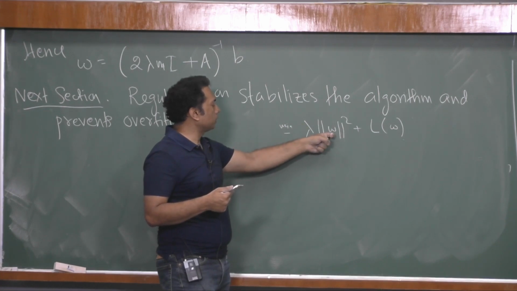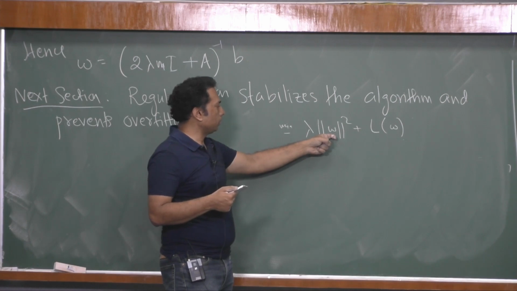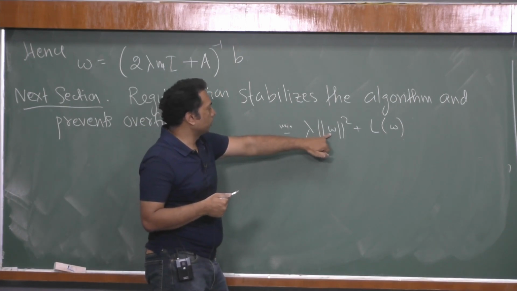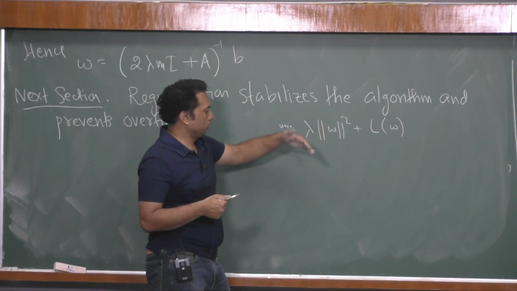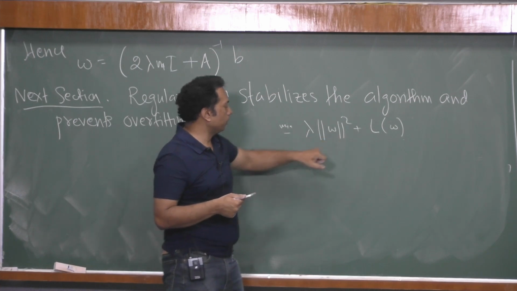Now if your weights are high, or let us say many of the weights are allowed, then essentially the hypothesis class that you are taking has a lot of freedom, and if it has a lot of freedom, it might fit the training data very well.